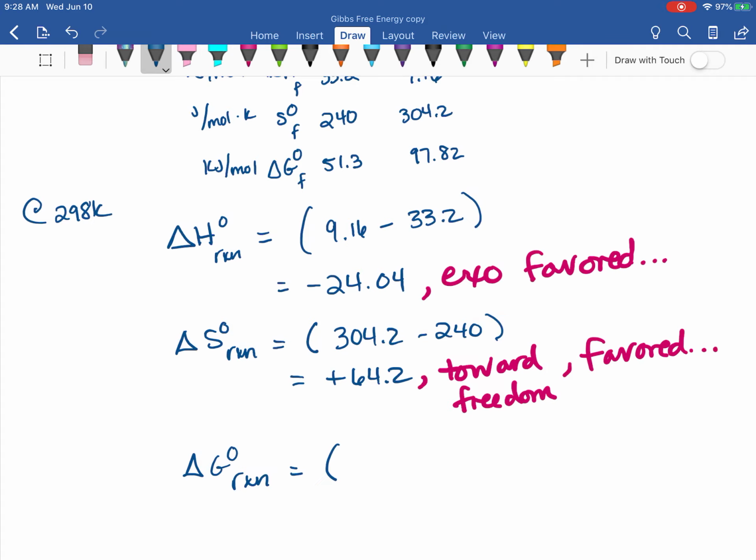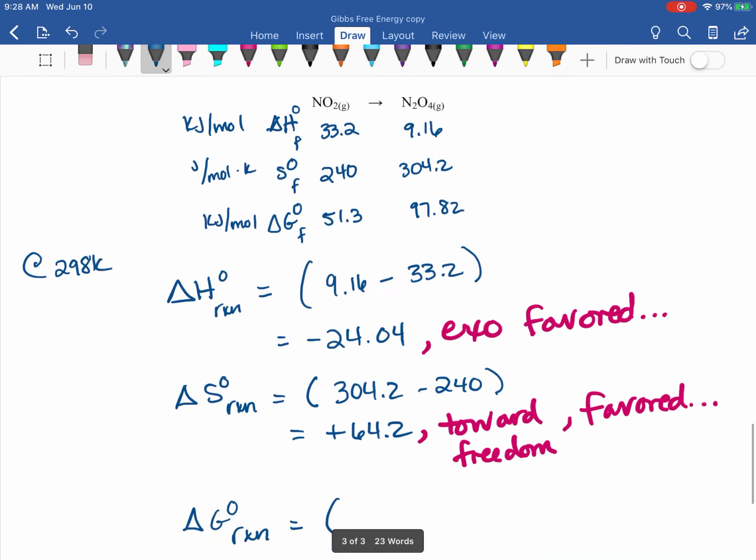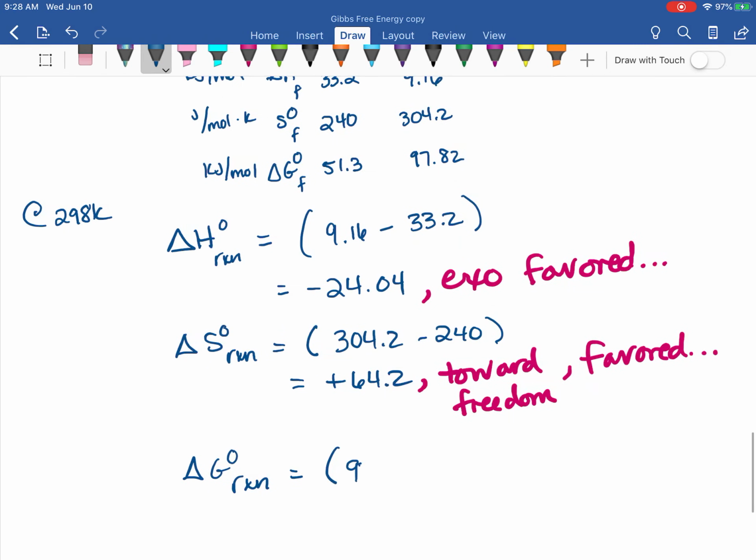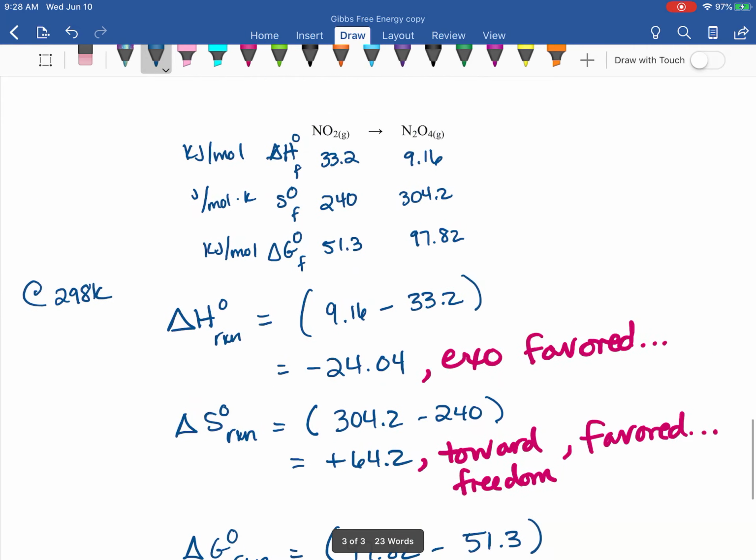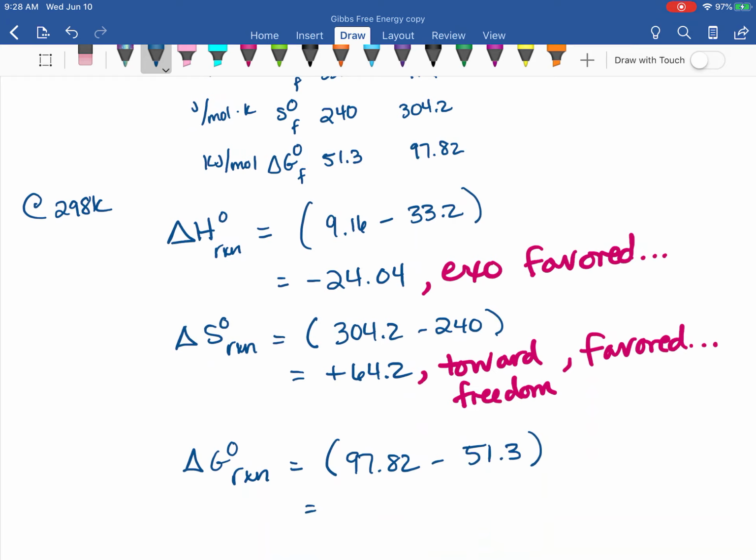I love it. Okay, and then let's calculate our delta G. If our delta G then is 97 minus 51. Oh, is that right? Yes. All right, 97 minus 51.